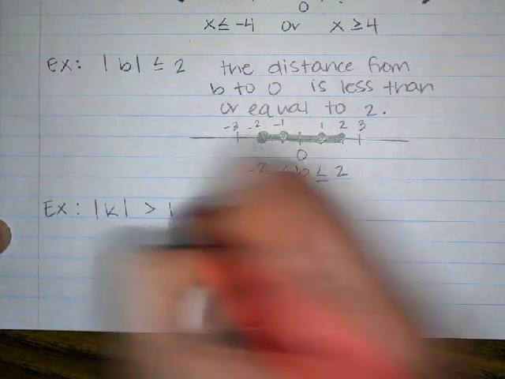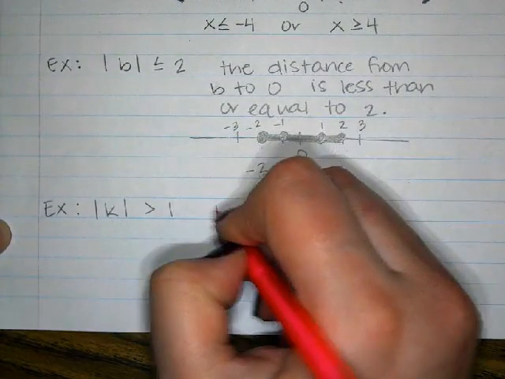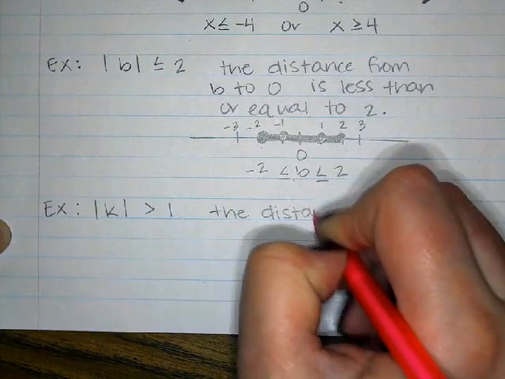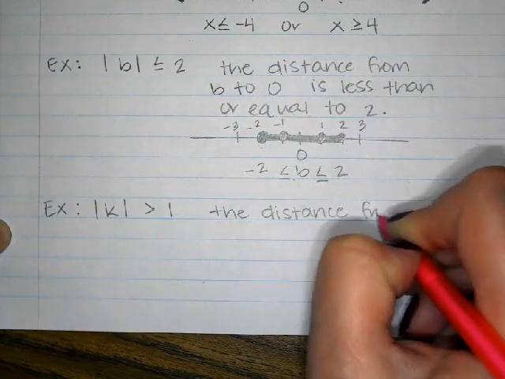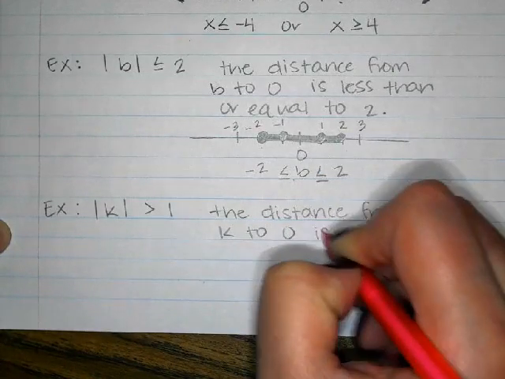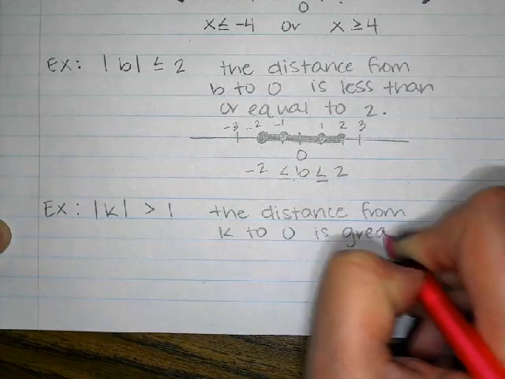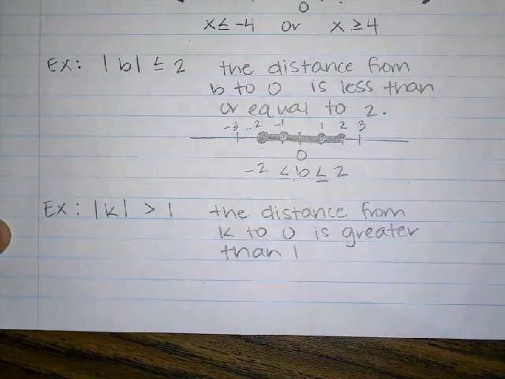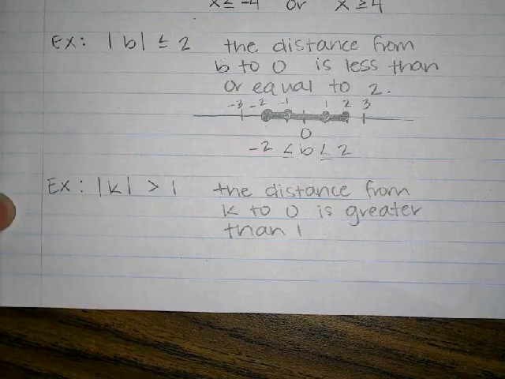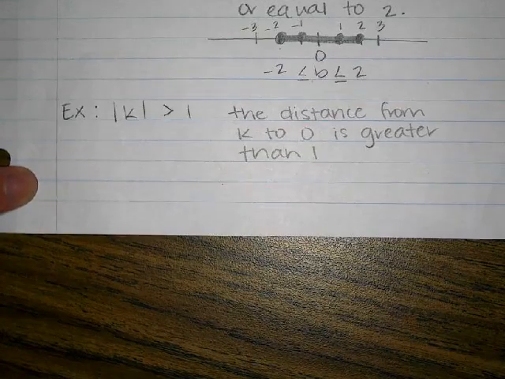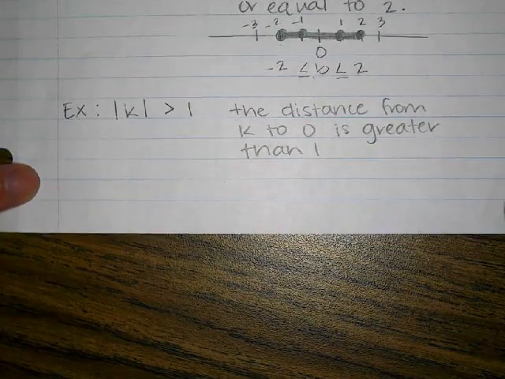So we've got the distance from K to 0 is greater than 1.